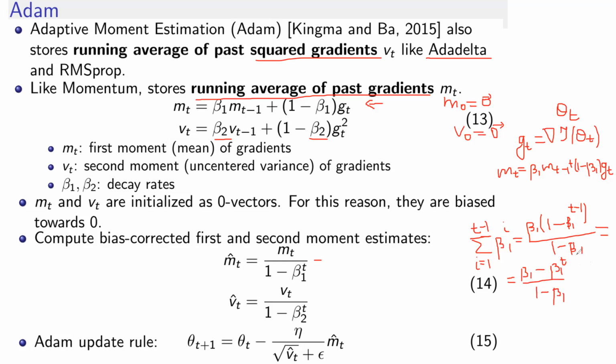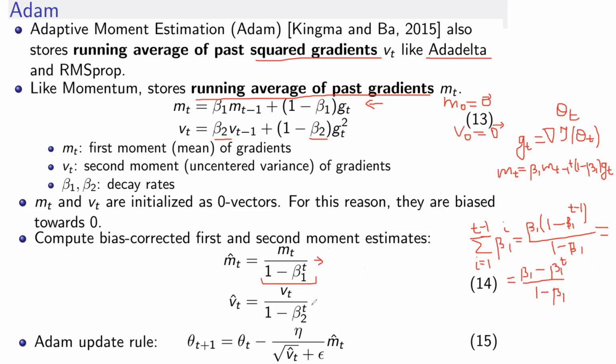So to get rid of those values in the numerator, we just use this coefficient. So it will be bias corrected. Now that's just the whole point.